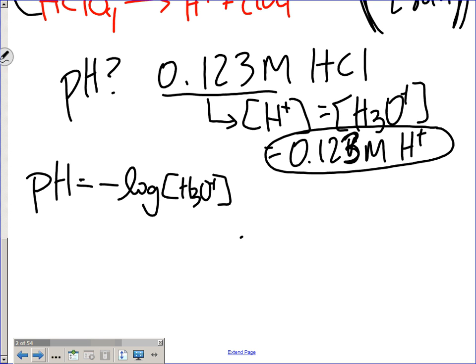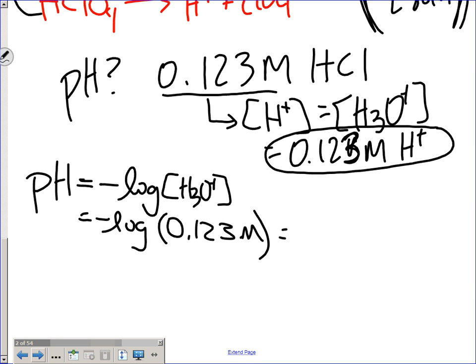So if I know that this is the formula, I can just simply plug in my calculator negative log, and this goes into my formula, 0.123 molar, and you guys tell me what the pH is. Shout it out when you're there. Say again. 0.90. This, guys, is the pH.